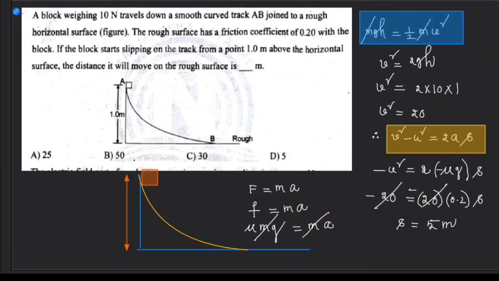That m gets cancelled, అప్పుడు acceleration is equal to mu into g అవుతుంది, clear. So that is how we get a is equal to mu into g, but that is opposing కాబట్టి మనకి ఇక్కడ నెగిటివ్ వస్తుంది, clear.